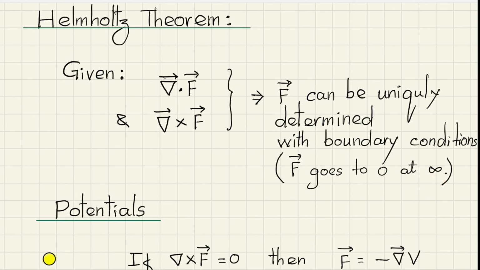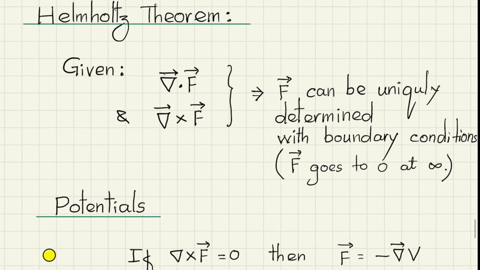If F is well behaved in that sense, that F goes to 0 as r tends to infinity, and if its divergence is known and its curl is known, then F can be uniquely determined. That's the Helmholtz theorem.